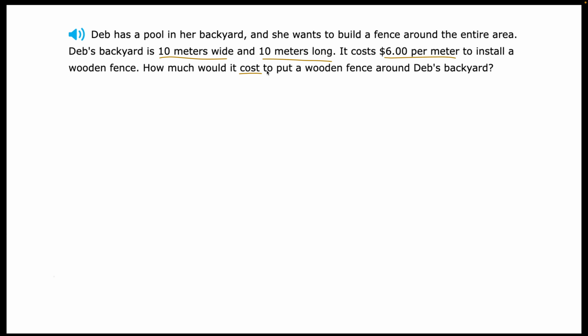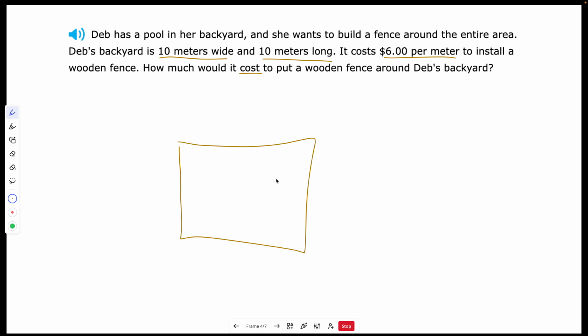All right, so we have to figure out how much fencing we're going to need to put a fence around this pool. Now, before we go any further, let me draw us a beautiful picture, because without a beautiful drawing from Mr. Rickoff, this wouldn't be a word problem. So we have a pool. Okay, so backyard, pool, with some water.